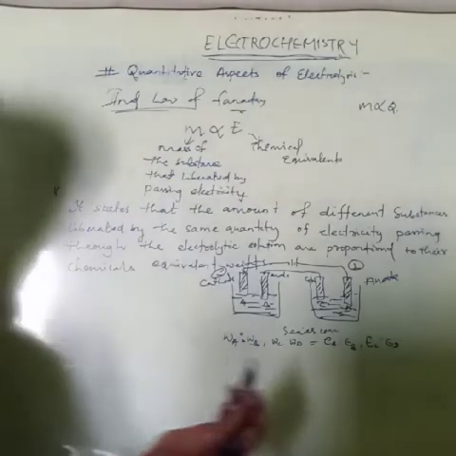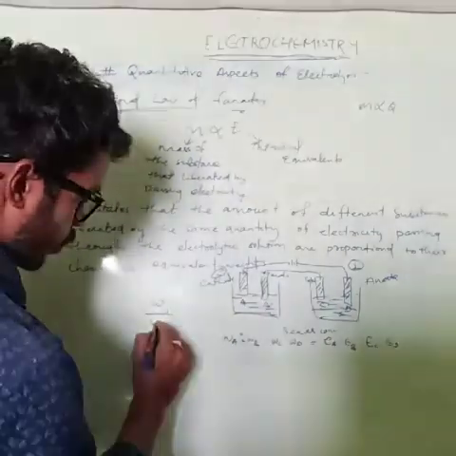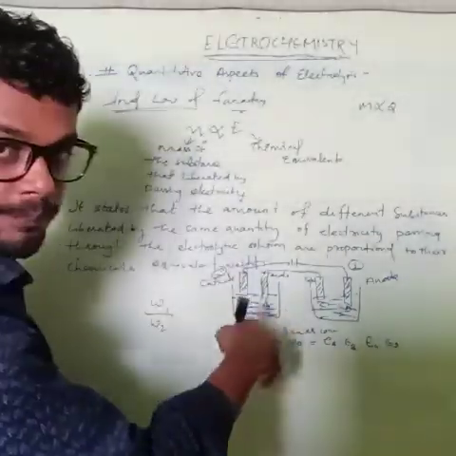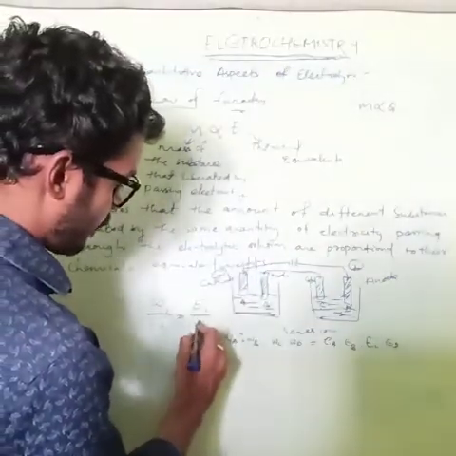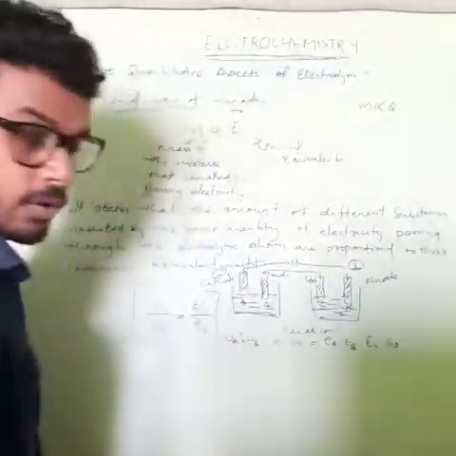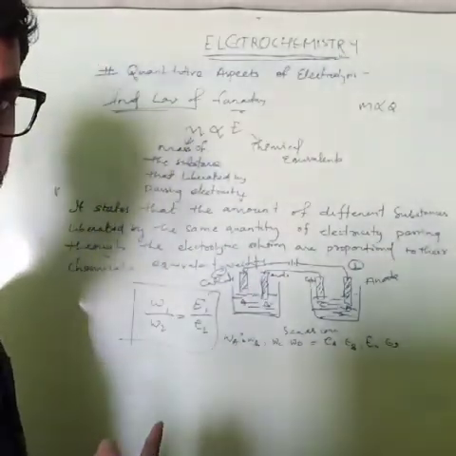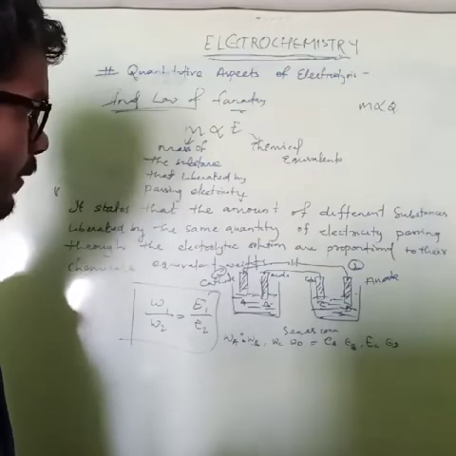That means W1 to W2, the mass of one cell, is always equal to the ratio of the equivalent weight of one cell to the equivalent weight of the second cell. This is your Faraday's second law.